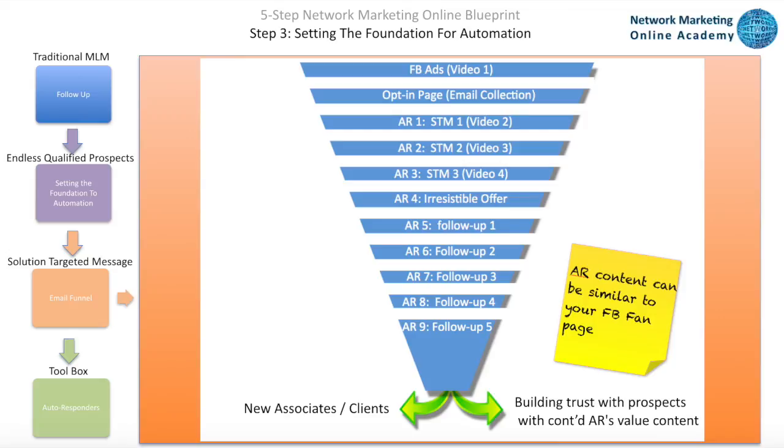The third autoresponder would be the third part of your opportunity, 24 hours later, followed by yet another autoresponder, which would be your irresistible offer. That would be you presenting your opportunity, the actual offer, to your prospects, enticing them to either purchase your product, purchase your service, or team up with you as a new associate. So at this point, you've done everything right.